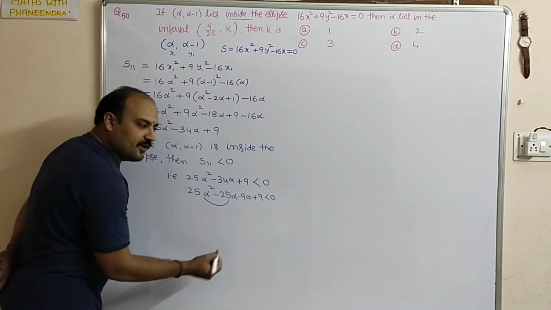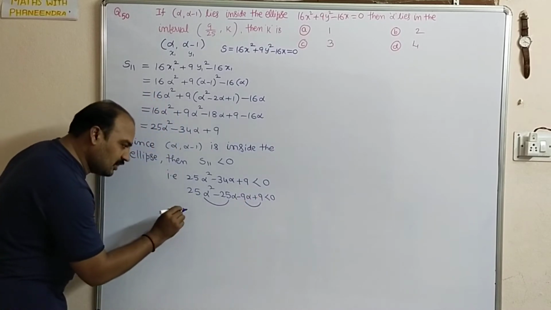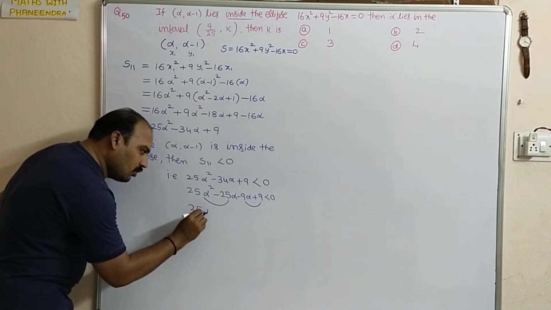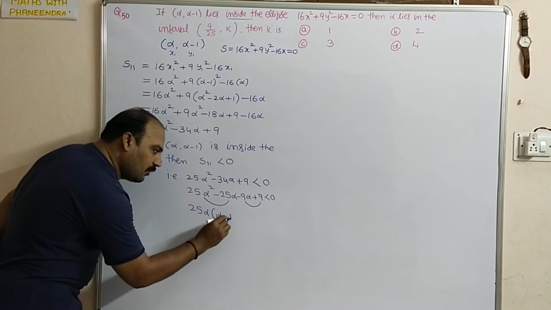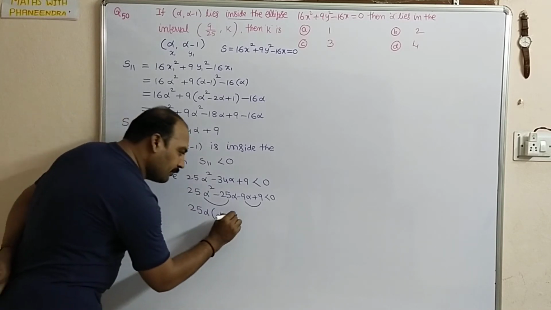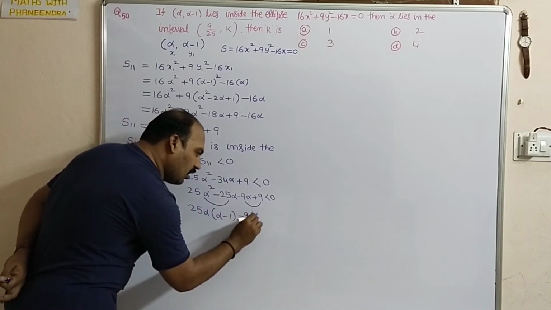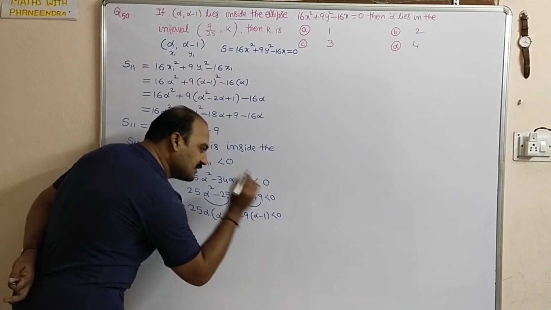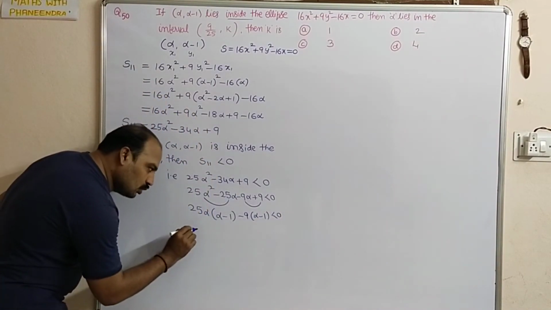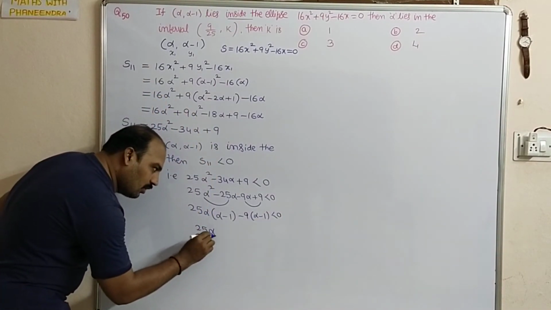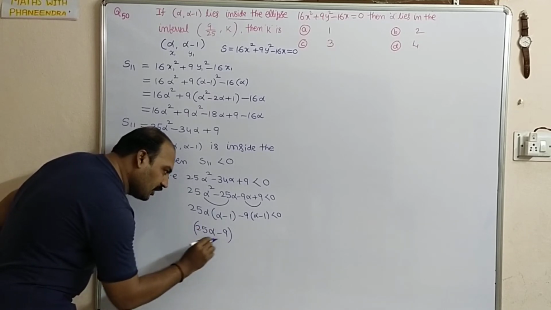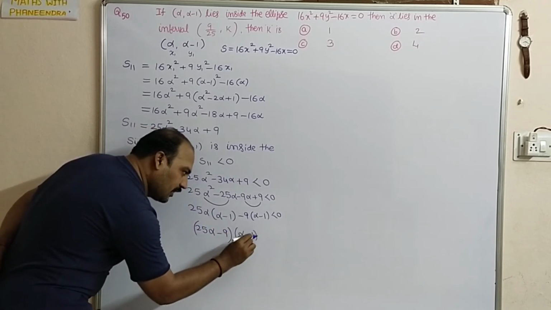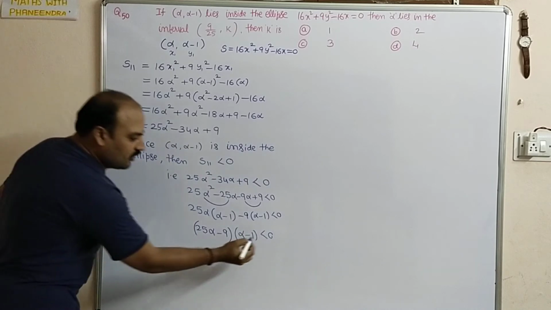From these two, 25 take common, from these two minus 9 take common. 25 alpha if we take common, alpha minus 1, minus 9 take common, alpha minus 1 is less than 0. So (25 alpha minus 9) into (alpha minus 1) is less than 0.